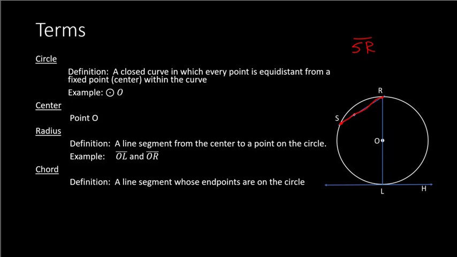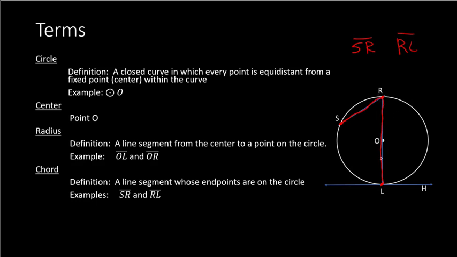There's actually another chord in this picture, and that would be the segment going from point R all the way across over here to point L. That segment from R to L is also a chord because the endpoints are on the circle. So SR and RL both would be chords of this circle.